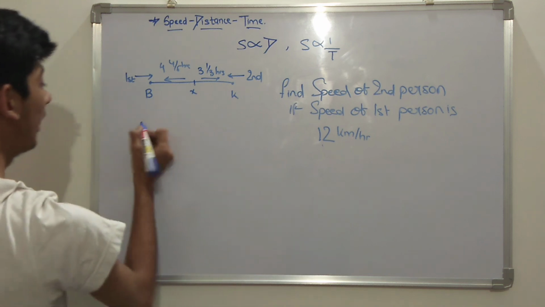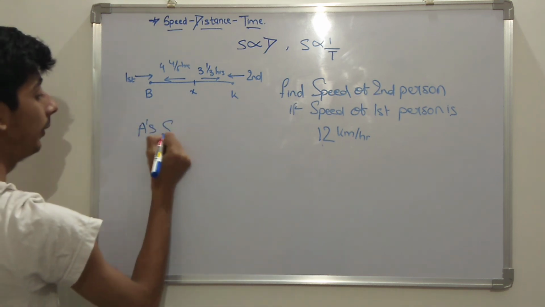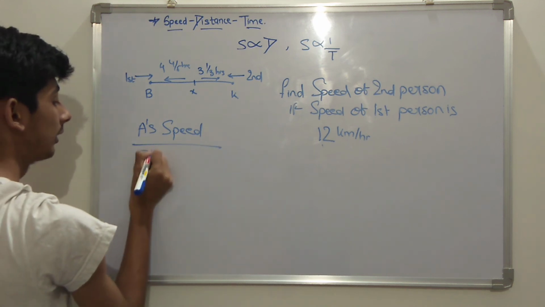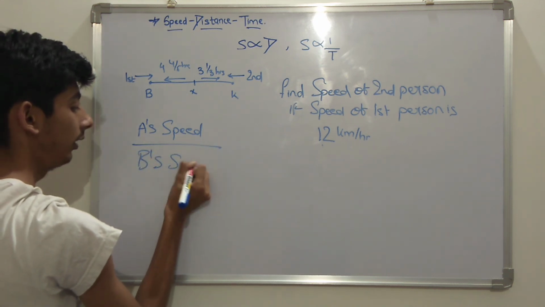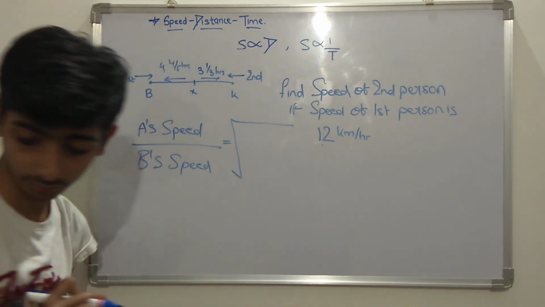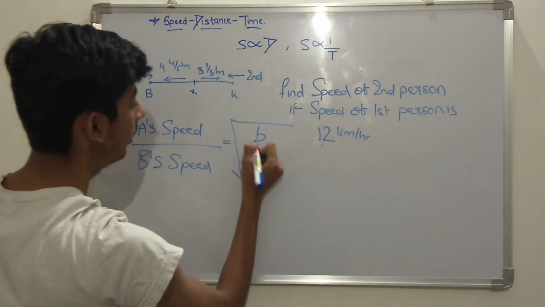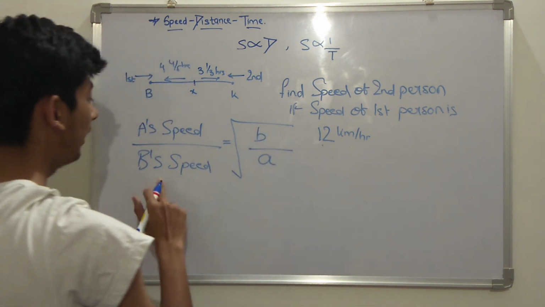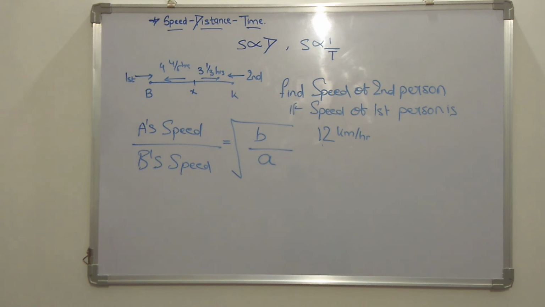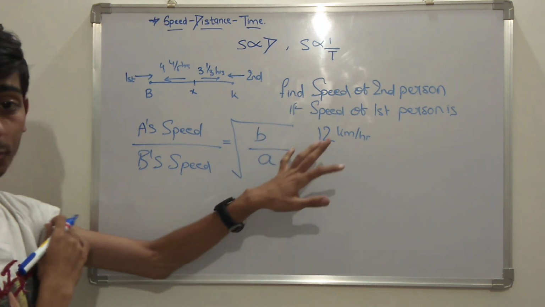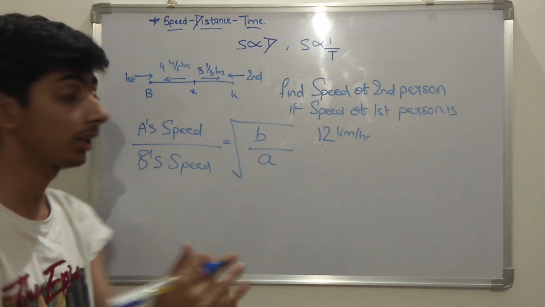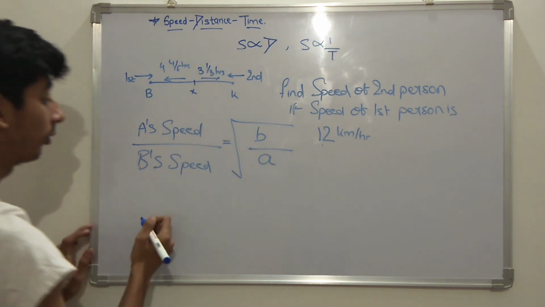So the formula is the first person's speed upon the second person's speed is equal to the root of B upon A, where B and A are the distances. A's speed upon B's speed is the root of the distance he covers after they cross, that is 3 by 4.